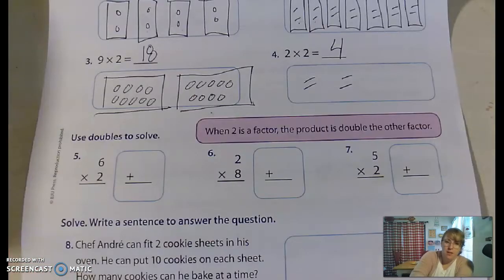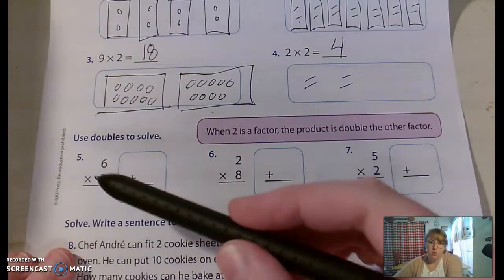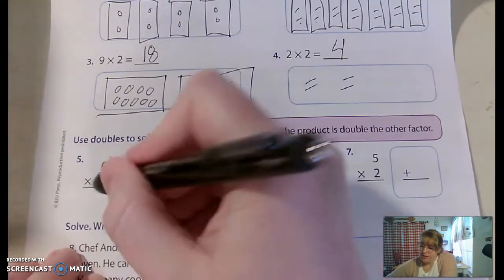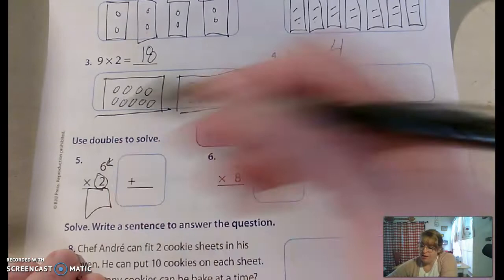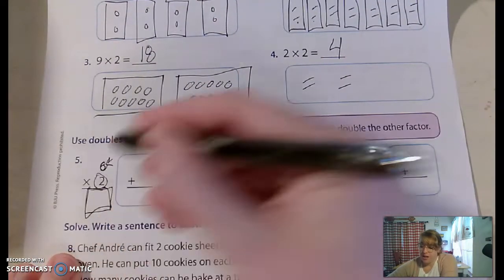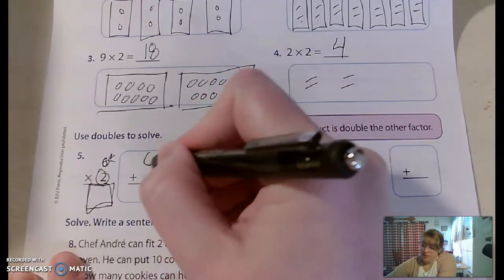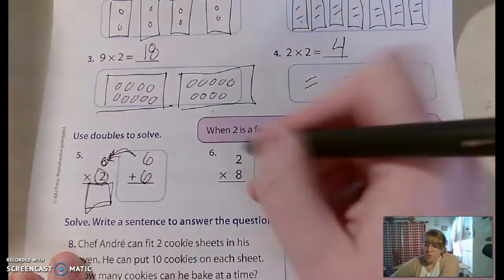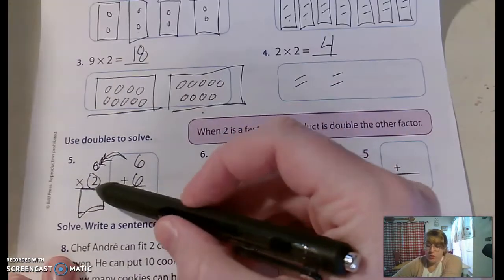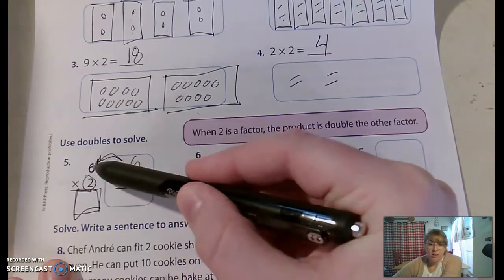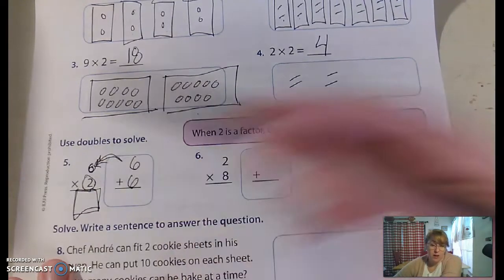So what they mean by this is when 2 is a factor, the product is double the other factor. So the answer is going to be this guy plus itself. I know they worded that really weird, but whenever 2 is a factor in a multiplication equation, you take this and add it to itself, and that's it.